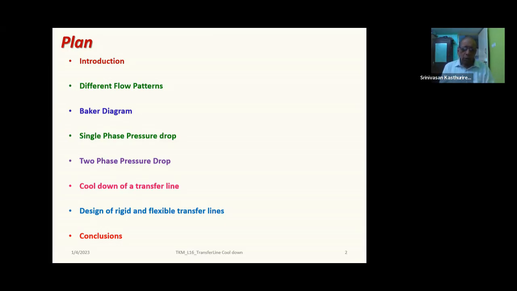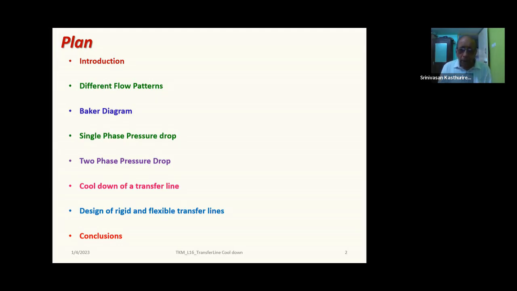Now, you come across different types of flow patterns. That is how the fluid is flowing within the transfer line. You will have different flow patterns, maybe something like stratified flow or bubble flow or wavy flow. Anyway, we'll see some of these things.